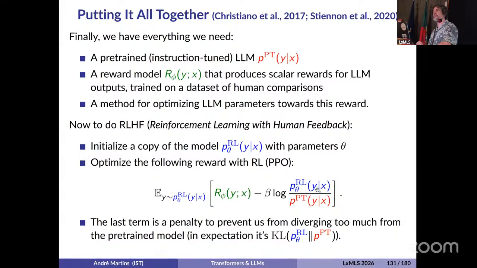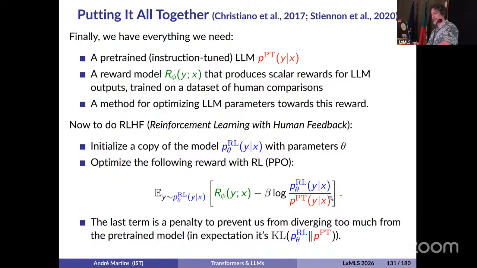They start chasing the rewards. The reward is going to be imperfect because it's a model that you train on your preference data, and it can start giving weird rewards for weird things. If you allow the model to deviate too much from the pre-trained model, you might end up with something very suboptimal. So you can think of this as a regularizer, okay?